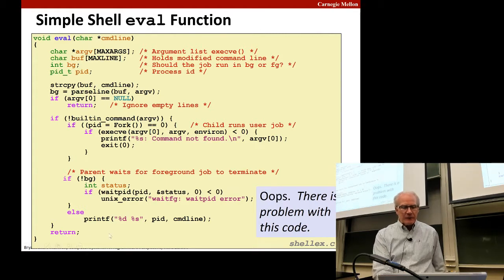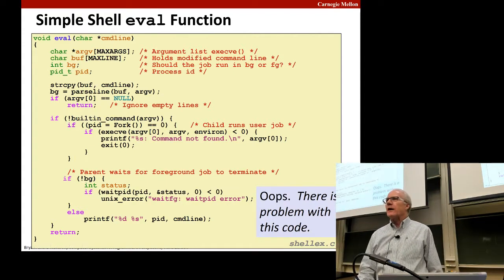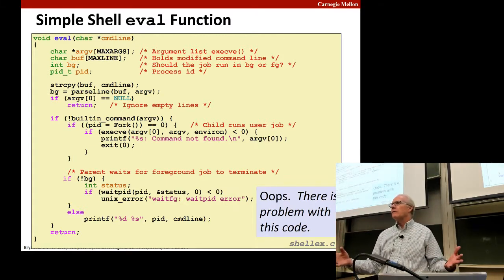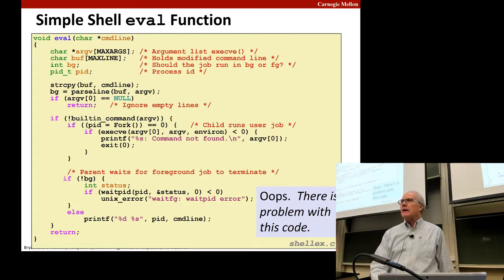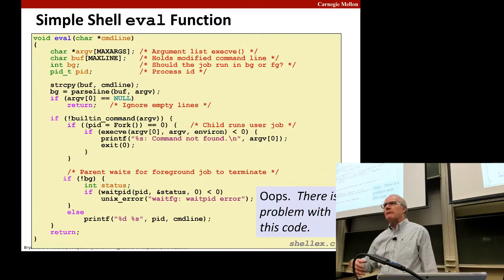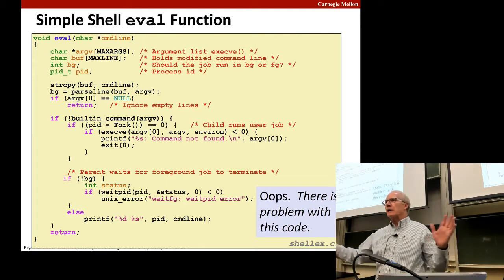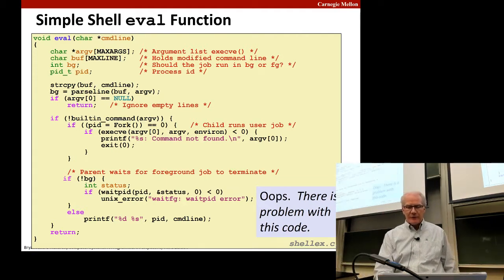The problem is if it was a background process, the shell just marches on and doesn't pay any attention to it. So even when the background process completes, it will never get reaped. And a shell is an example of a program that in principle can run indefinitely, so if it keeps happening over and over again, it can accumulate a whole bunch of zombies.